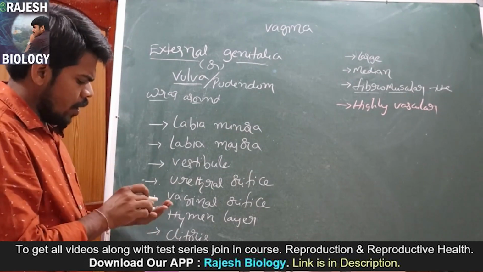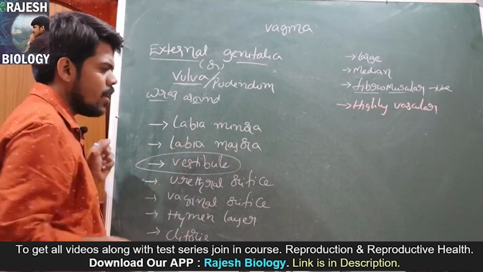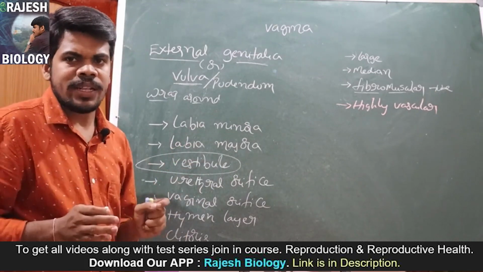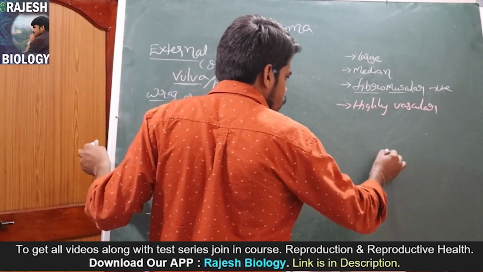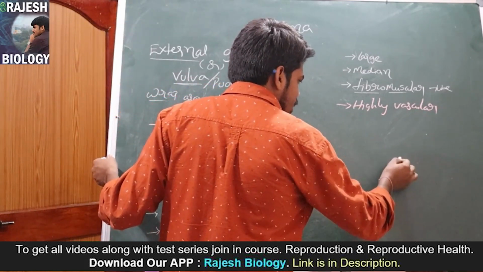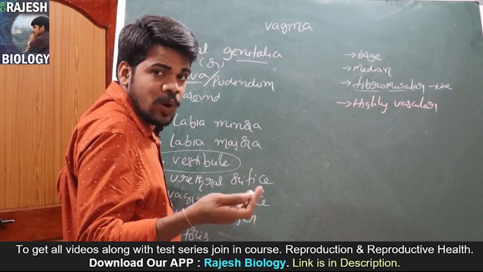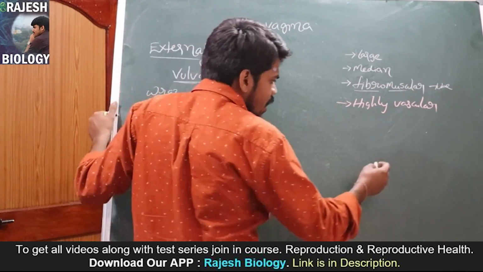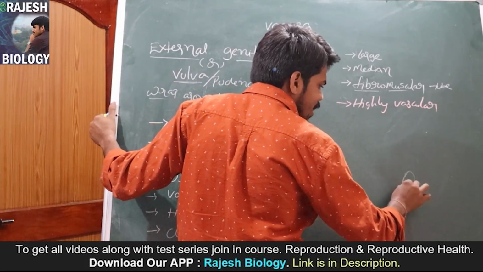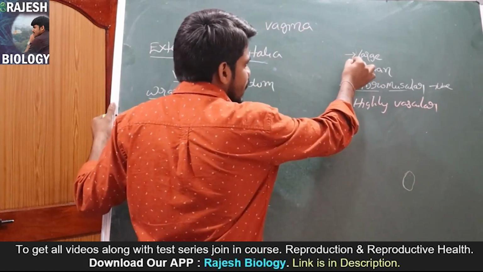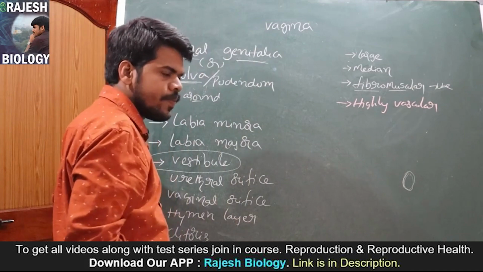Now I'll explain what is vestibule first. Vestibule means a space between the two labia minora. I will draw the external orifices. This is the vaginal orifice.